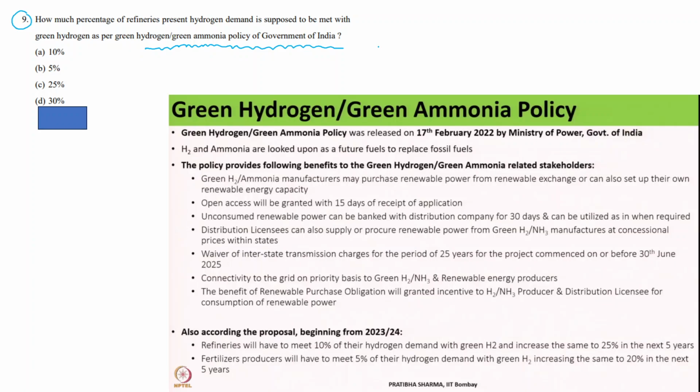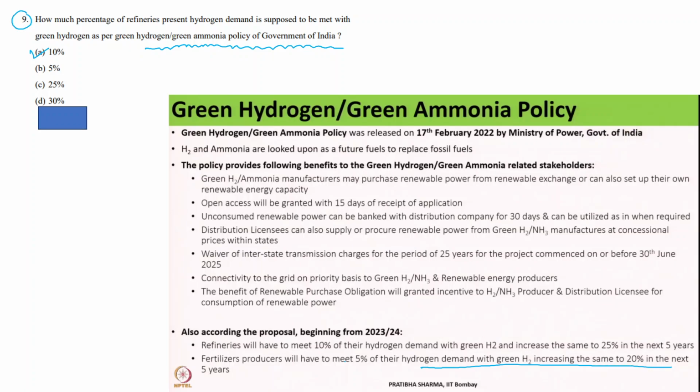Just keep remembering this data, it may be asked in your questions. These are the basic data. Ammonia is 5%. 10% is refinery, and in the next 5 years it should be 25%. 5% is ammonia, and in the next 5 years it should be 25%.